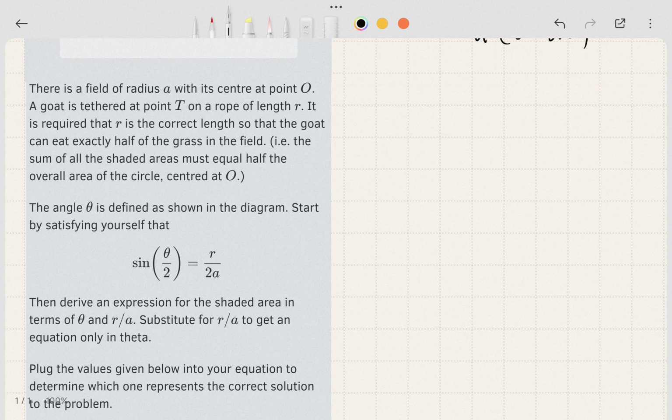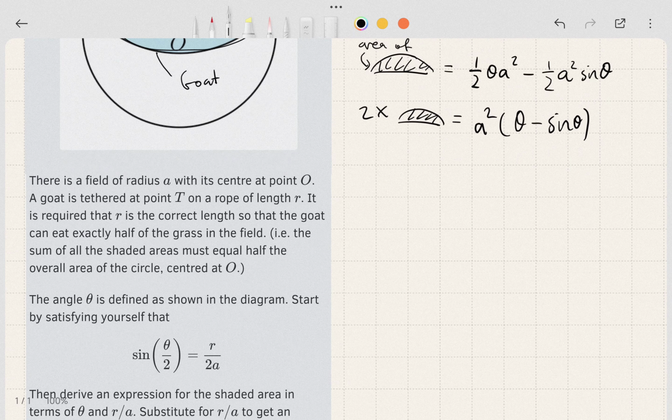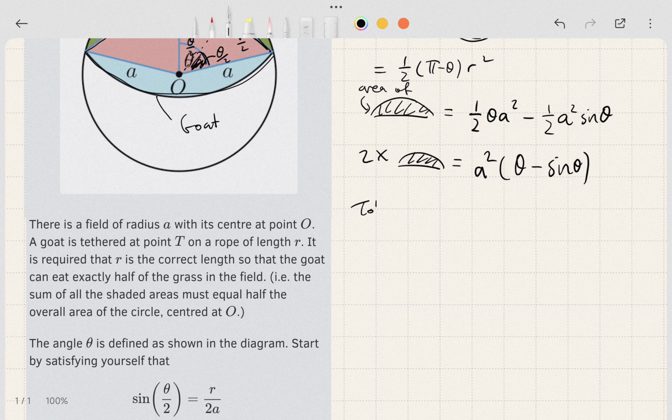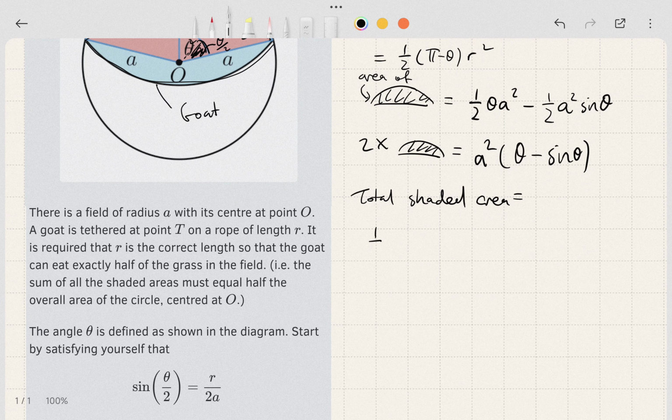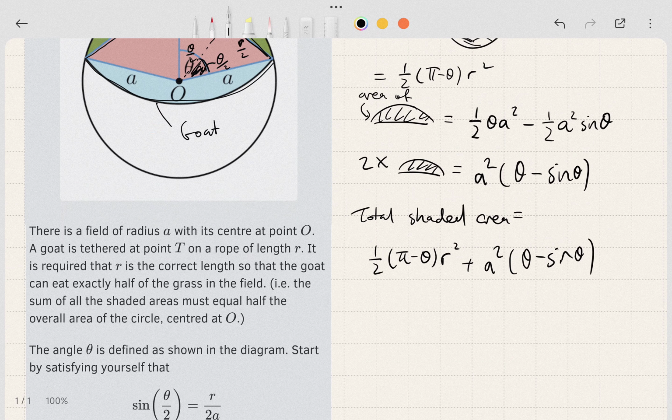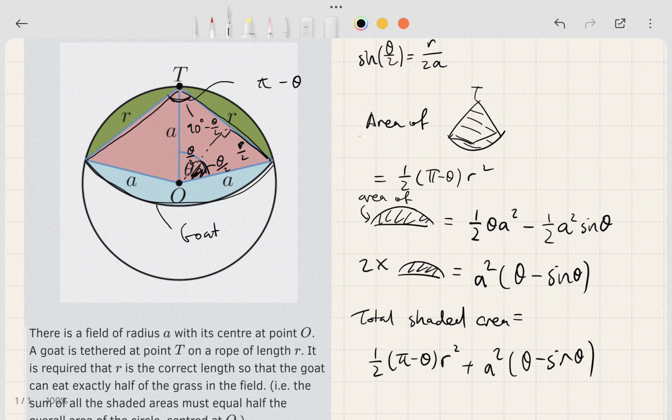So the total shaded area would have to be equal to half of pi minus theta, r squared, plus a squared times theta minus sine theta.